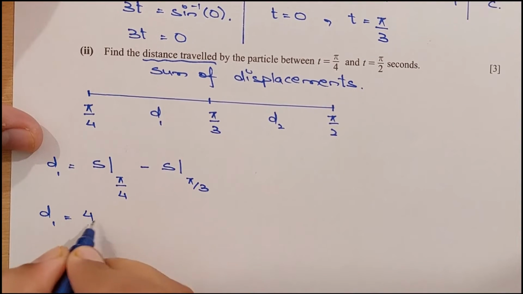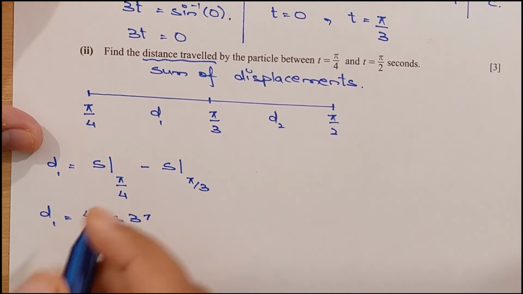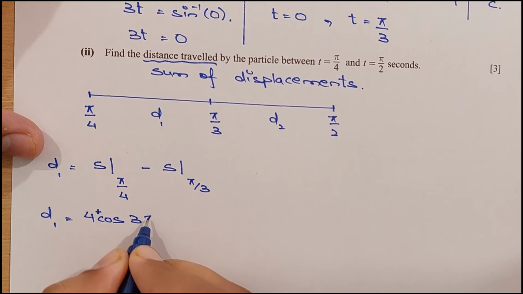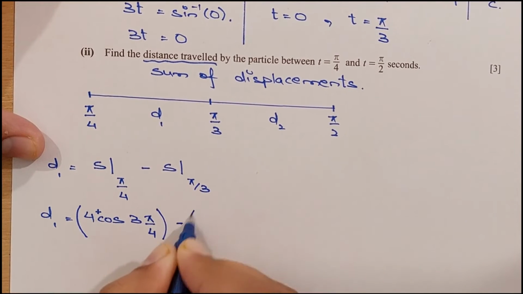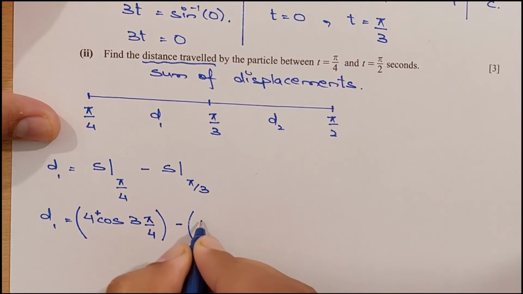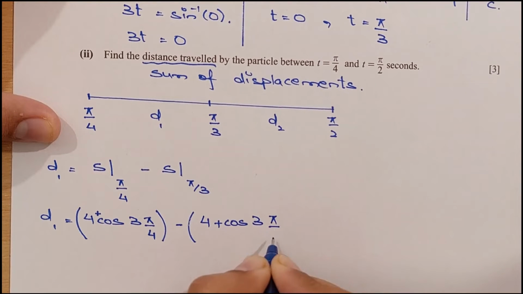So the difference of the two displacements is d1: 4 plus cos 3 pi by 4 minus 4 plus cos 3 pi by 3.